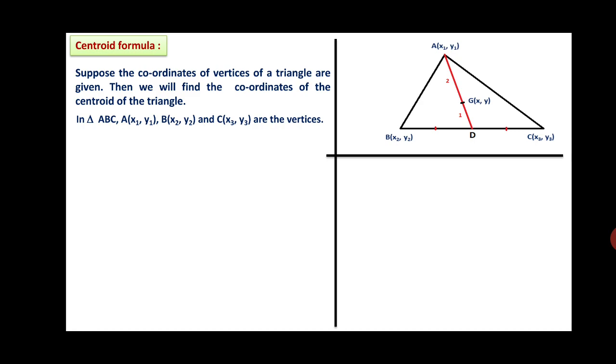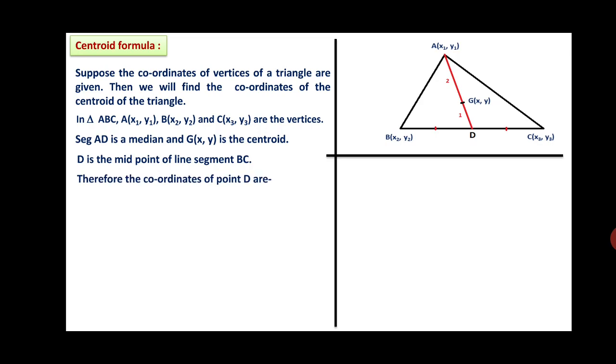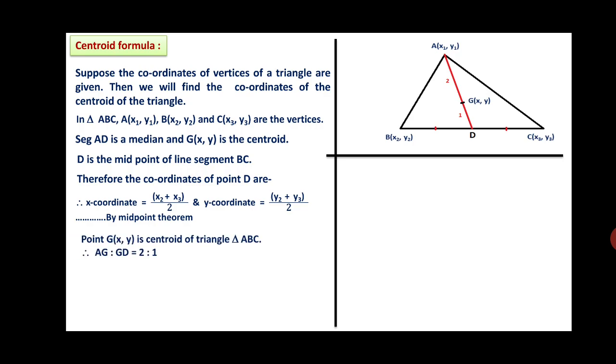You could see in the figure, segment AD is the median and G(x, y) is the centroid. So D is the midpoint of segment BC. Therefore, the coordinates of point D will be: x coordinate is equal to (x2 + x3) divided by 2 and y coordinate is equal to (y2 + y3) divided by 2, by using the midpoint theorem or midpoint formula.